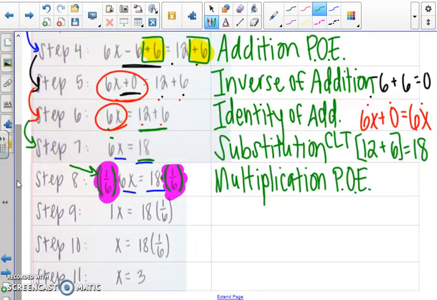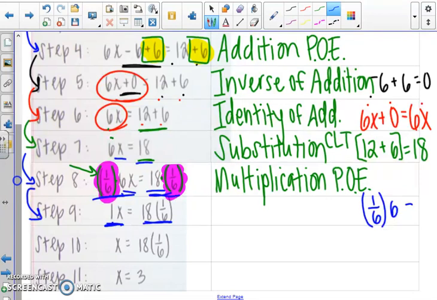All right, so what changes in the next step? So that was 7 to 8, now we're going to go 8 to 9. So 18 times 1/6, this looks the same on this side, okay? So that's not really going to help us determine what property was used, but this is totally different. 1/6 times 6 became 1. So I'm going to rewrite that. 1/6 times 6 equals 1.